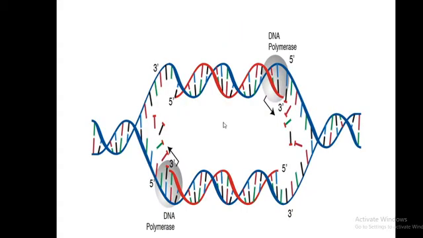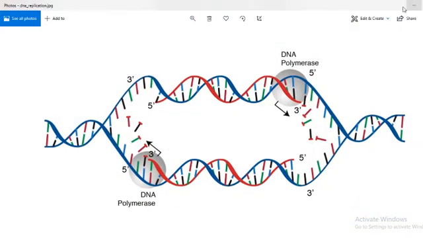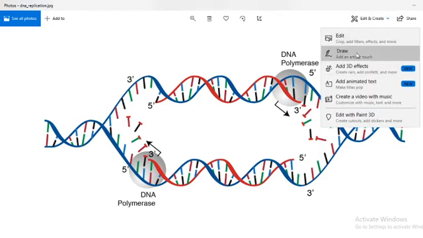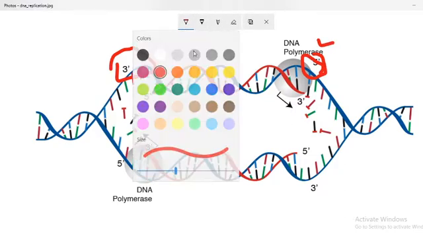This is an introductory diagram. In this diagram we see the 3' end and the 5' end, where another molecule is introduced, that is the DNA polymerase, which is here.